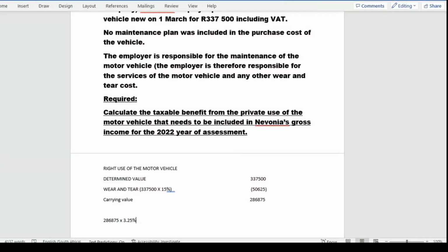Now you just have to calculate this. How much is your final figure? My final answer is 9,323.